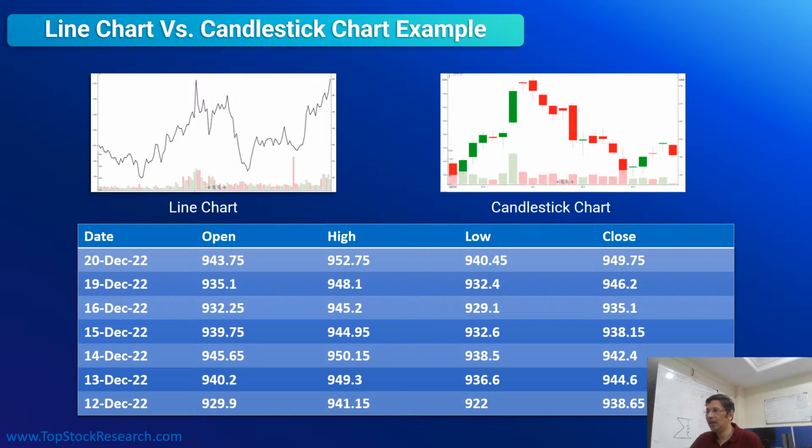Initially, it may look a little overwhelming. It looks a little complex. So the idea of this session is to understand these things, to simplify it in such a way that it can be understood by almost every beginner. We will also drill down from a single candle to multiple candles and the candle pattern formation, the typical strategies which you use, and how you screen these strategies in topstockresearch.com.